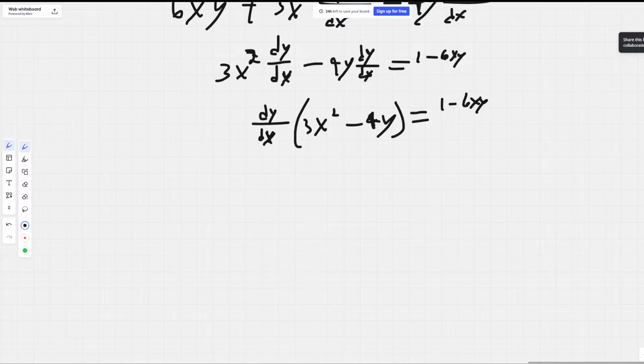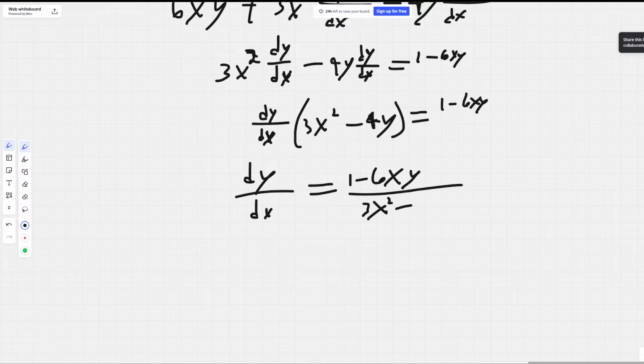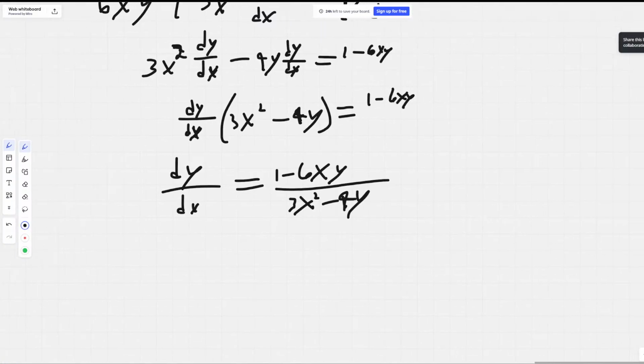And then it will continue into the dy over dx equals 1 minus 6xy over the other part of the equation, of course. Minus 4y, just as it happens.